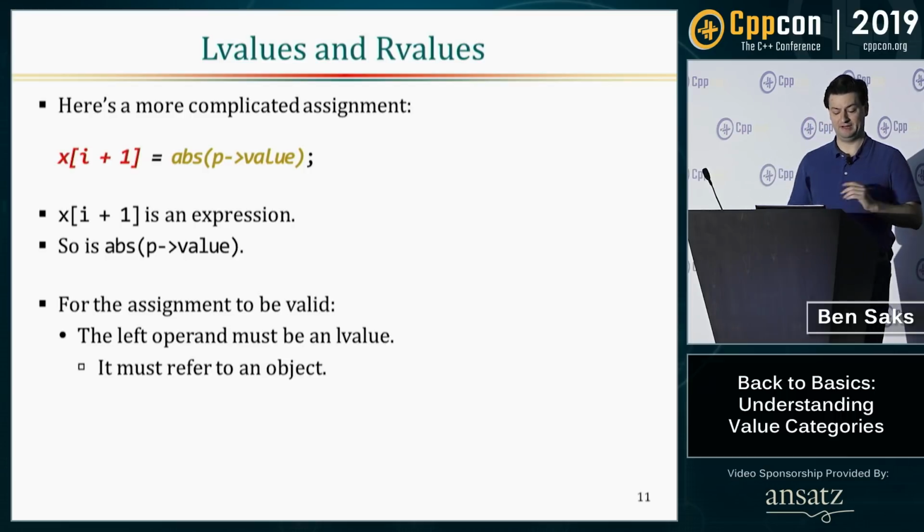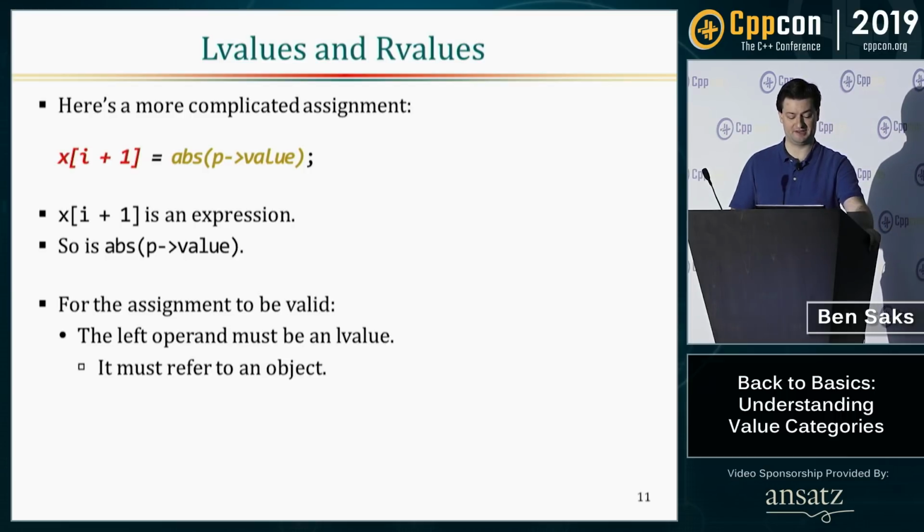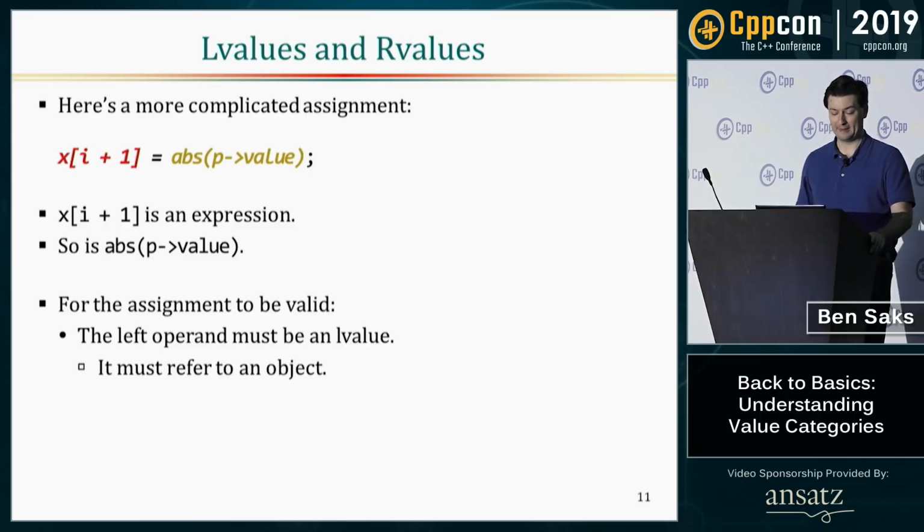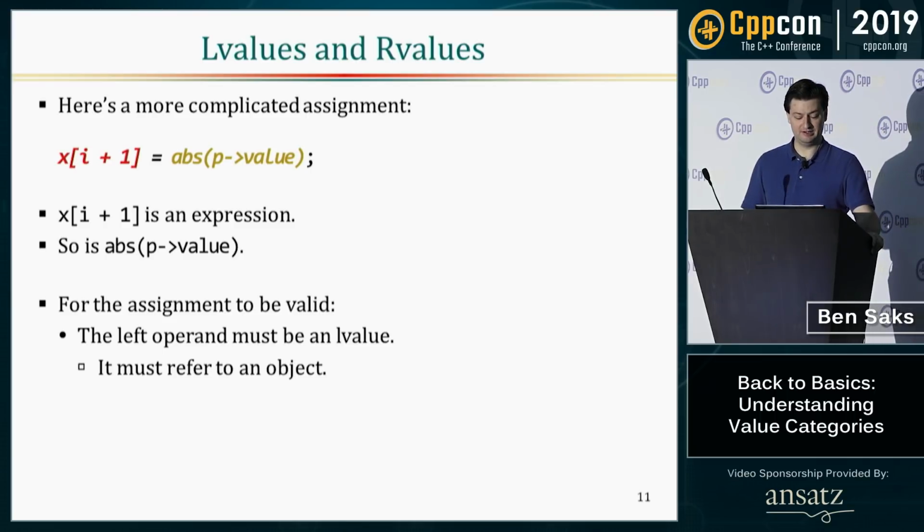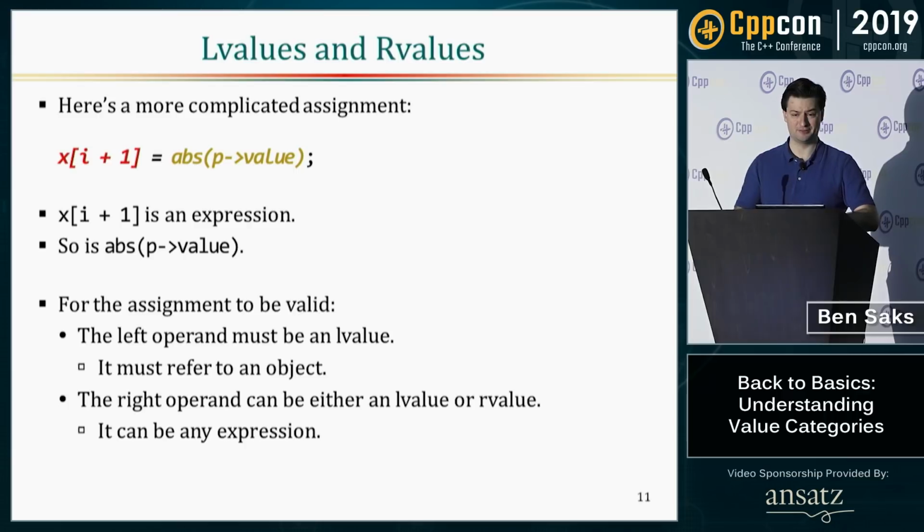The thing on the left-hand side has to be an object that can be assigned to. In this case, it is. It's the i plus 1 member of the array x. So it has to refer to an object. The right-hand side can be either an lvalue or an rvalue. We can assign from either lvalues or rvalues. So any expression will work on the right-hand side.